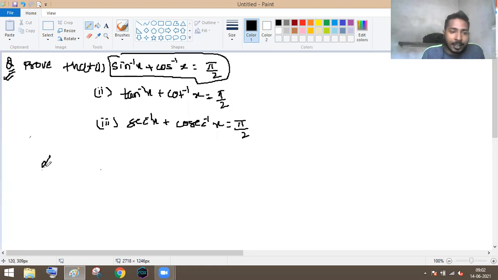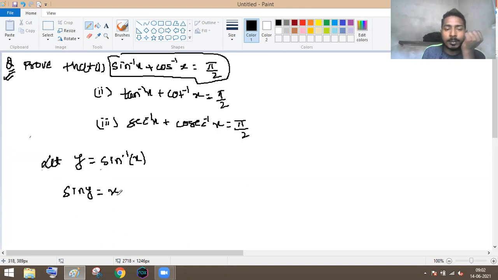For the first, I'll consider let y equal to sin inverse x. So I'll get sin y equal to x. What is sin y basically? Because if you look at the question, it is also related with the cos inverse. So can I convert sin y into cos?